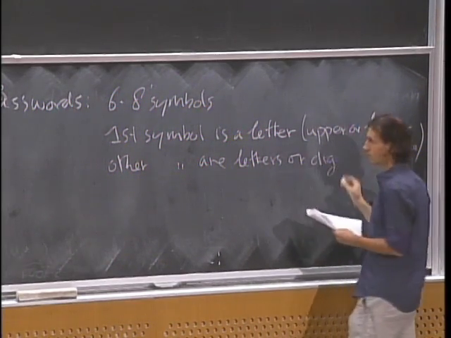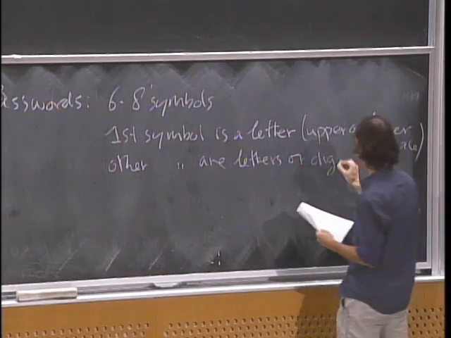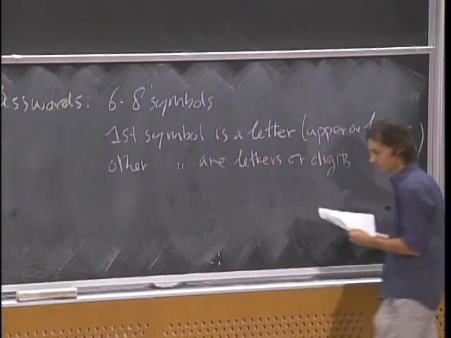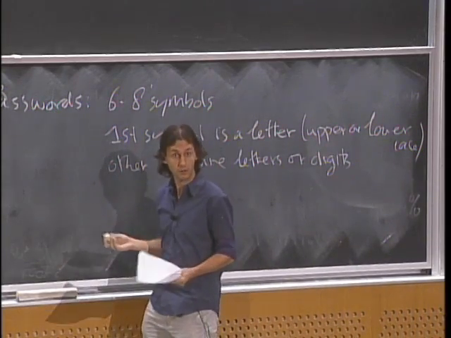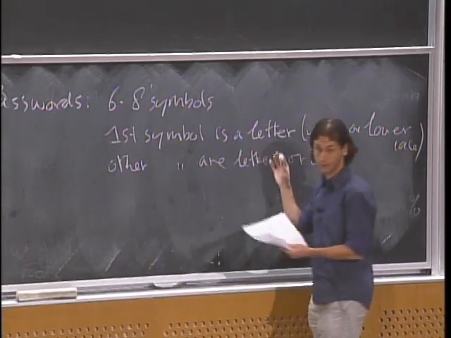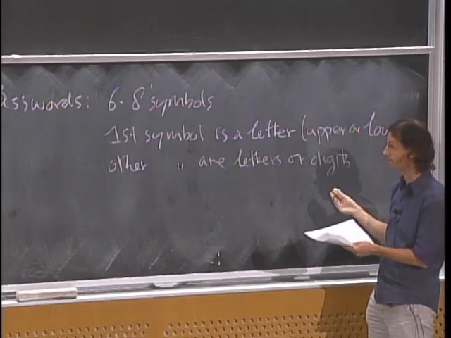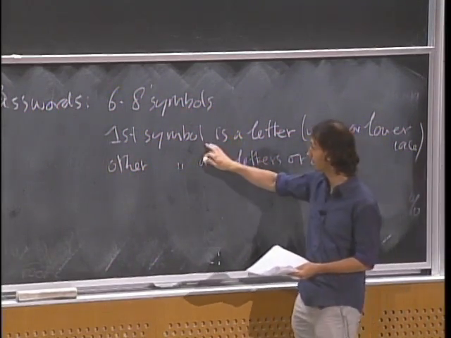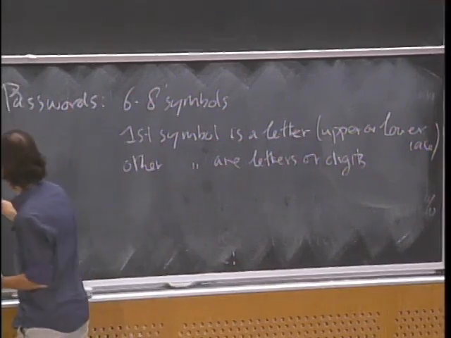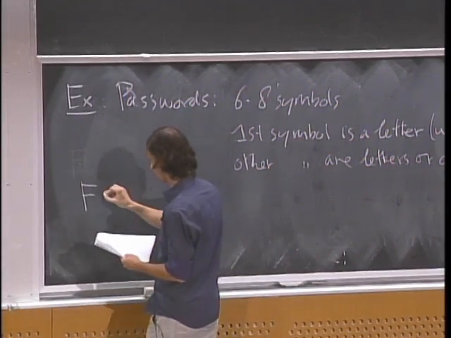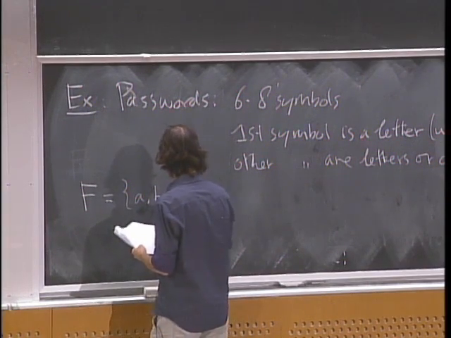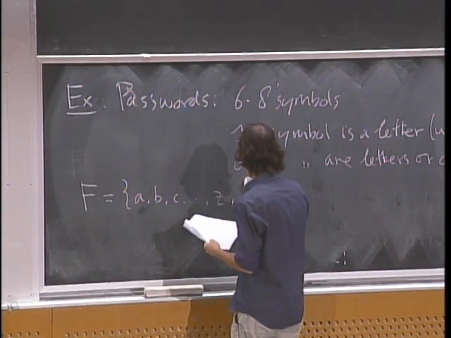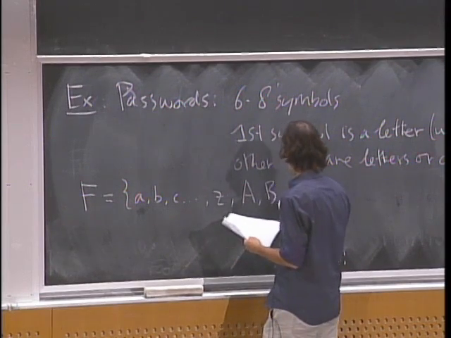So let's count the total number of possible passwords. We're going to use the sum rule. Let's define what kind of sets we are taking the symbols from. The first set is for the first symbol, which we call F, for first. We have all the letters A, B, C in lowercase, and then all of them in uppercase.